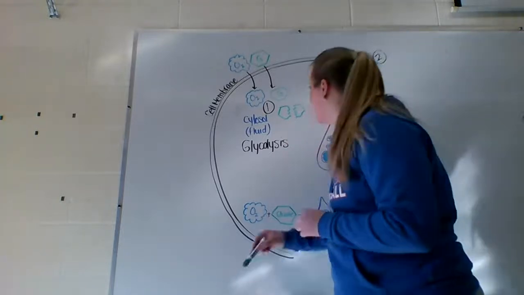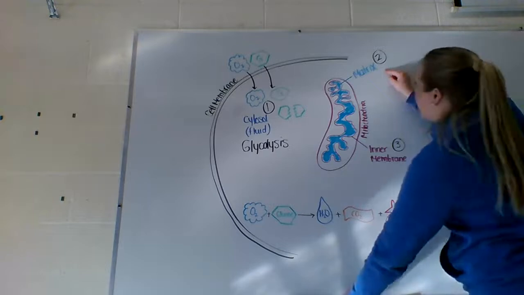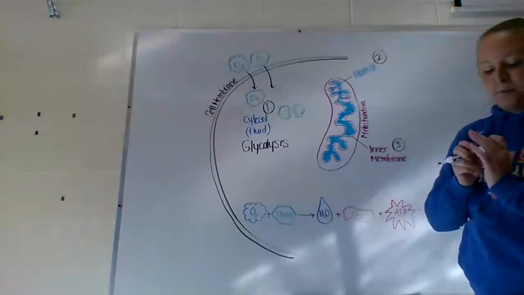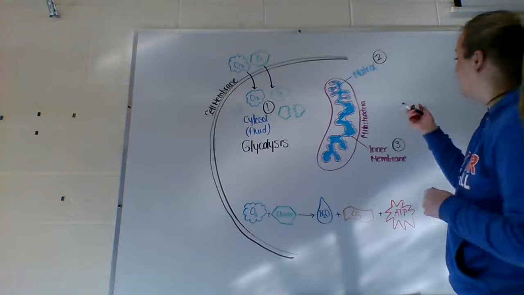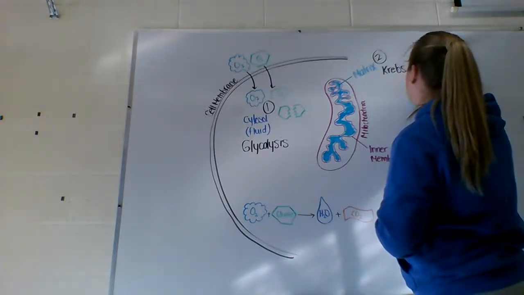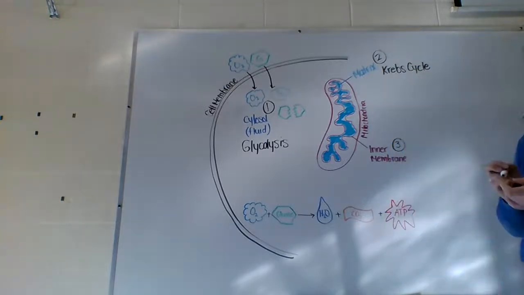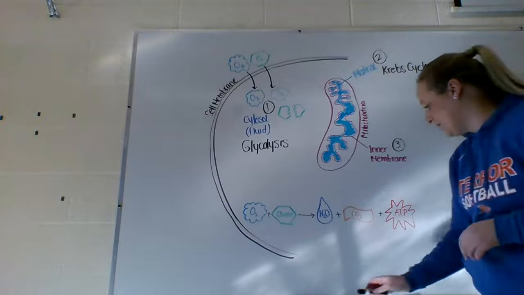Then what happens is step number 2 over here in the matrix of the mitochondria. Step number 2 is called the Krebs cycle, after the guy who discovered this.